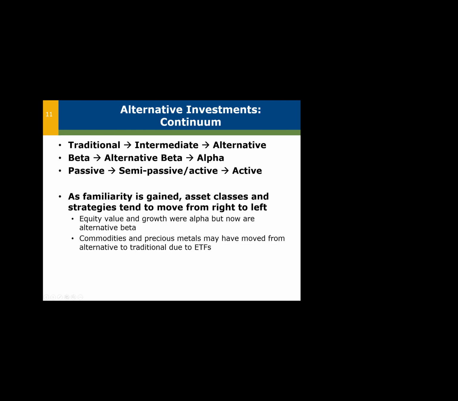So, for example, value and growth used to be sources of alpha, and now they're at the very least alternative beta. I could probably even argue that it's like beta now, because I think so many people are familiar with value and growth, and there's so many ETFs that will give you growth or value.